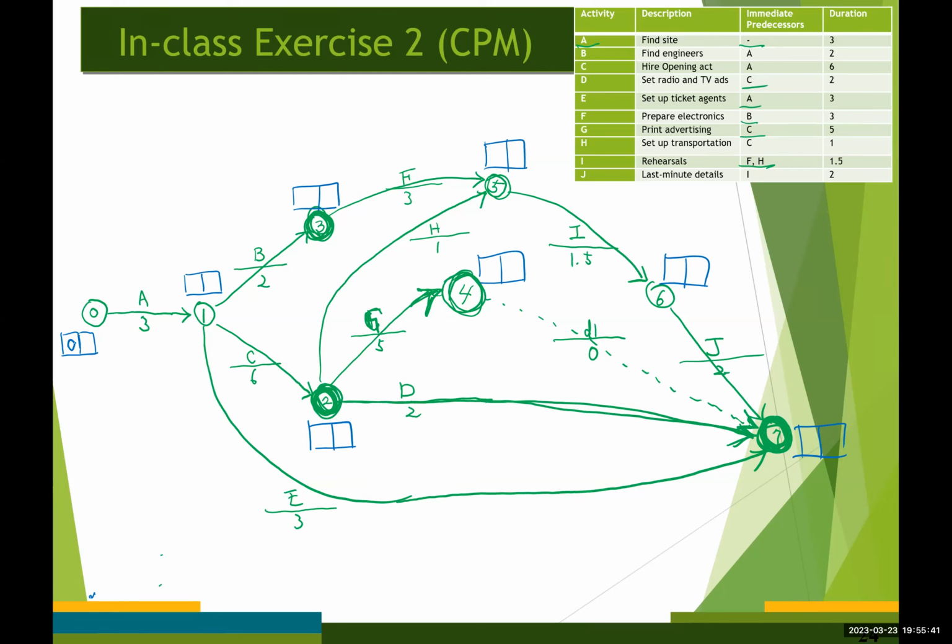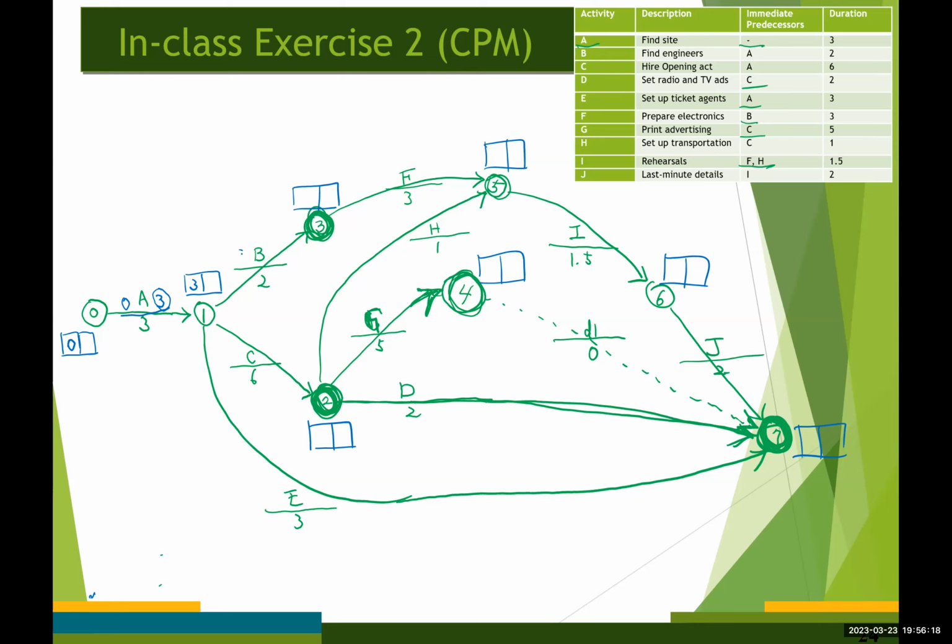The early start time for activity A is going to be 0, and the early finish time for activity A is going to be 3. 0 plus 3 becomes 3, right? And then the earliest time for event number 1 is going to be 3. This is from here, right? Because event number 1 represents the completion of activity A. It's going to be 3.